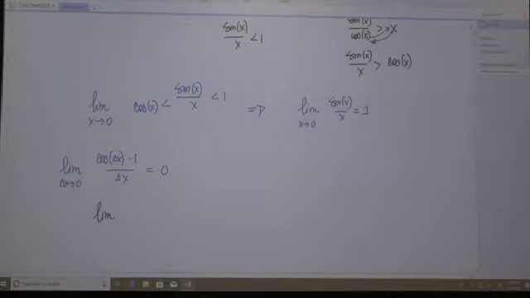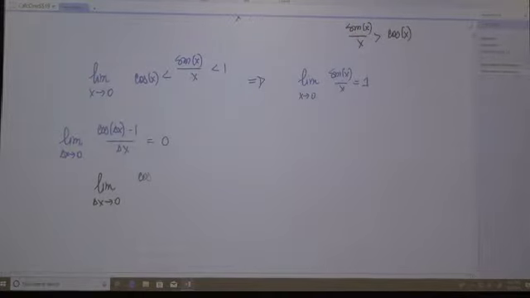So, limit of delta x goes to 0 of cosine of delta x minus 1 over delta x. We will multiply both parts of this ratio by cosine of delta x plus 1. Okay? So if I do this, the ratio does not change.